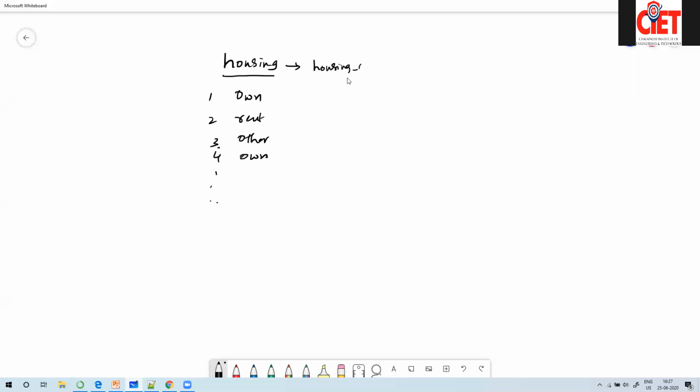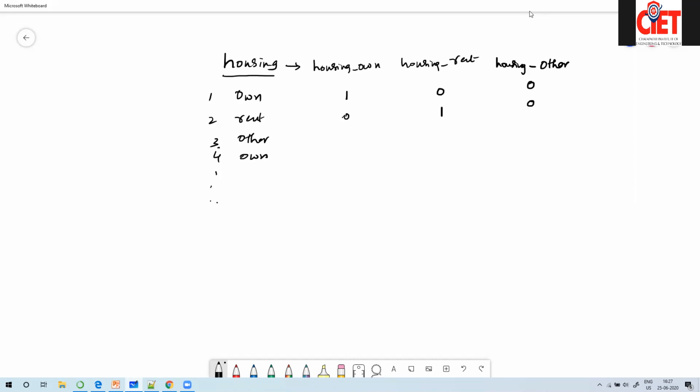Housing_own, housing_rent, and housing_other. Wherever housing is rent, it is 1, so this will take 1, and the others would take zeros.